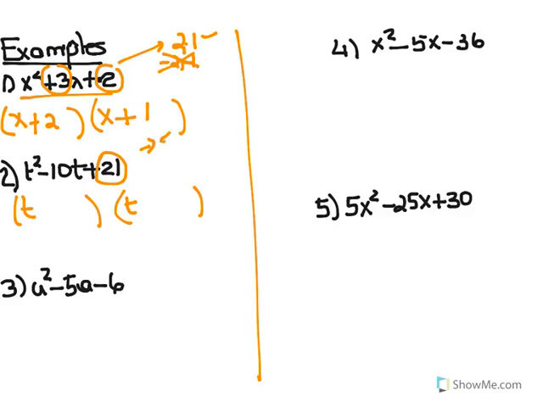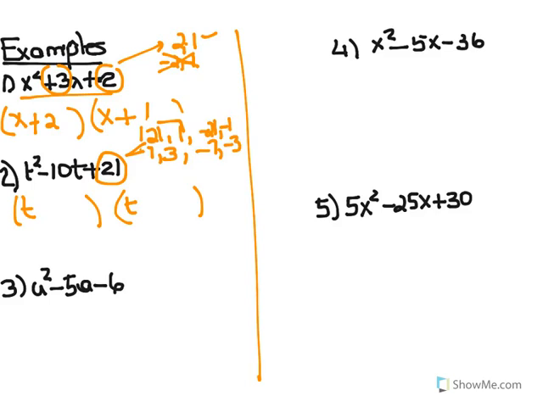So 21 can be decomposed into 21 and 1, and 7 and 3, right? And negative 21, negative 1, right? 7 and 3, negative 7, and negative 3.